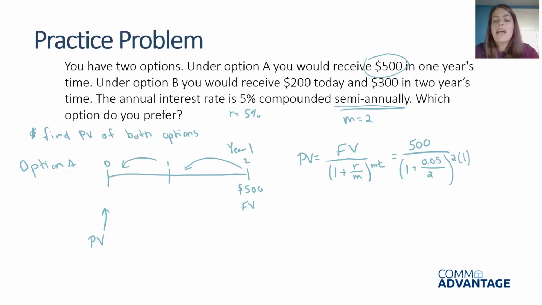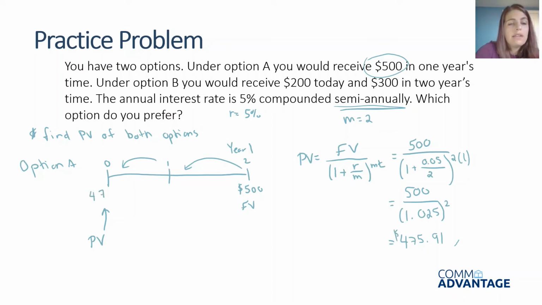And remember, this actually simplifies down to 500 and the interest rate of 0.025 for 2 periods. It's the same thing, however you want to think about it. So the present value, what that $500 is worth today, is going to be $475.91. So that is our baseline.